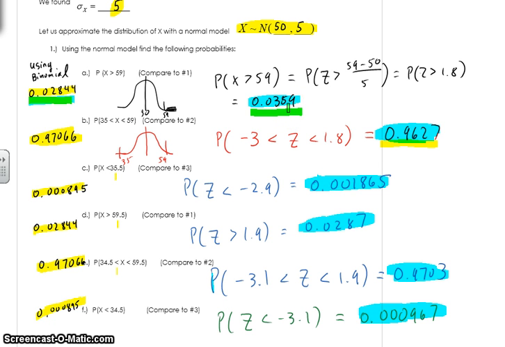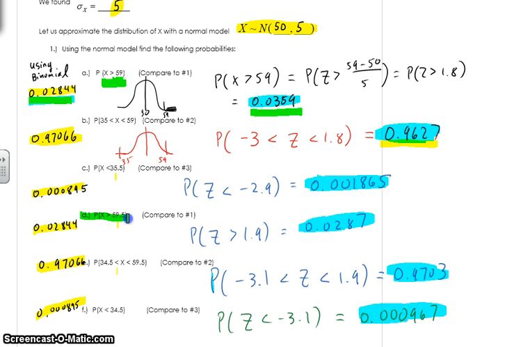Those are pretty close. Now, remember, the normal model is continuous. The binomial model is discrete. So under the normal curve, there's actually area between 59 and 60, not including 59 and 60. So when we just do greater than 59, we're sort of missing part of the things that we might count as 59.